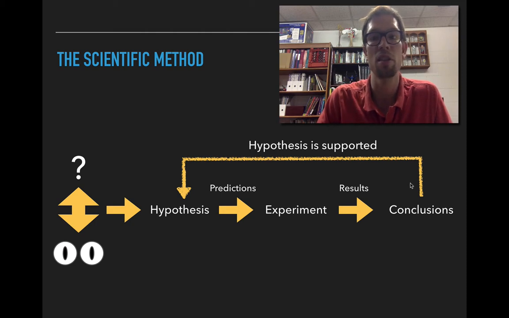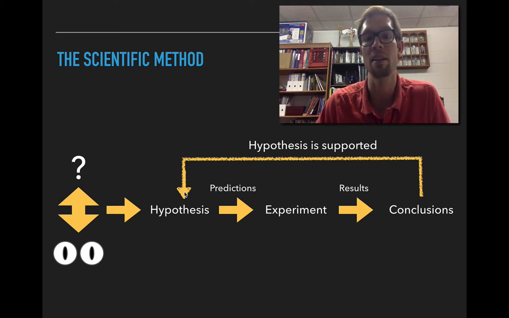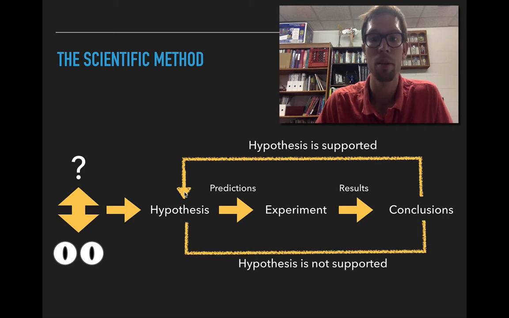The conclusions either being that your hypothesis is supported. Notice that I did not say that your hypothesis is proved. You can't actually prove a hypothesis with the scientific method. In science, no proof is absolute. We can only gain more and more confidence in it with further testing, but there is no absolute proof that can come from the scientific method.